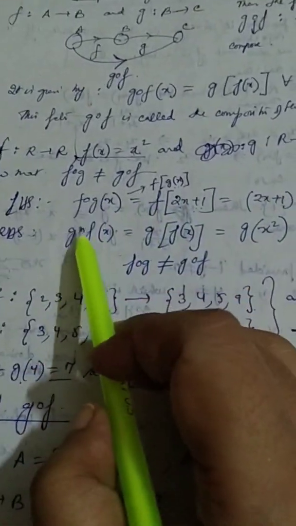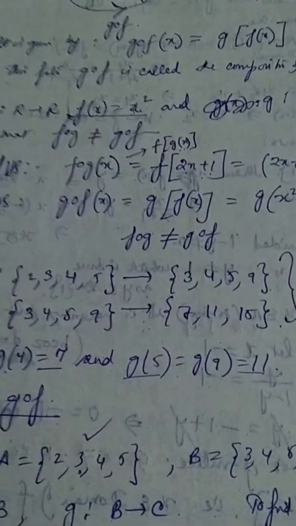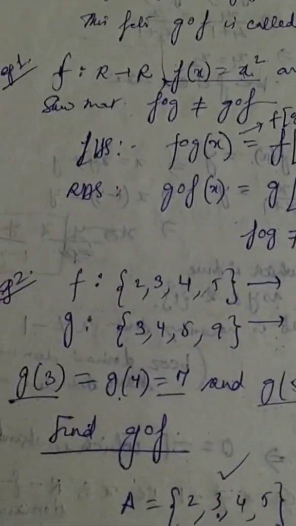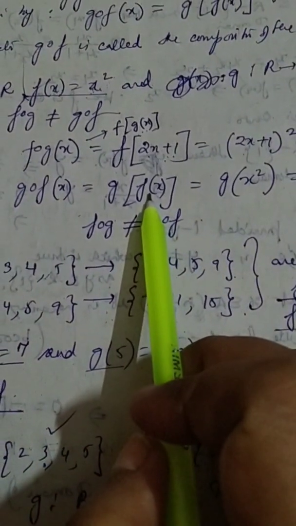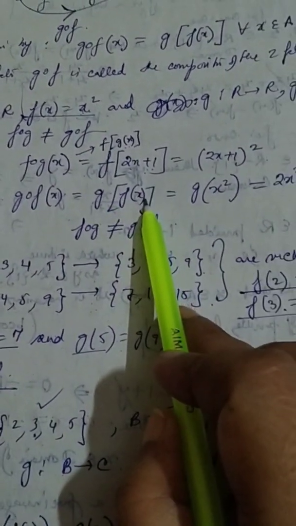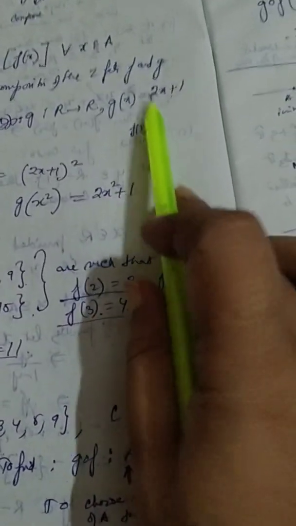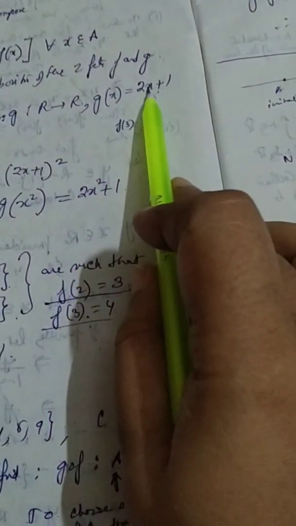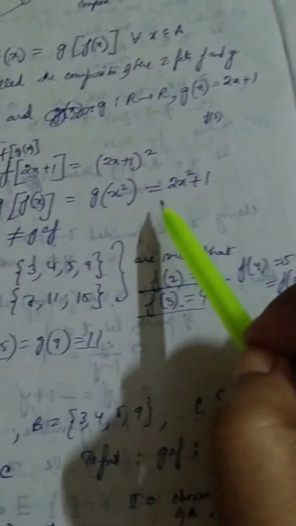Now let us find out what is G compose F. G compose F of X means G of Fx. Let us replace Fx. Fx is x square, so it's G of x square. Now G is this. G of x square means wherever you have x, you replace by x square.